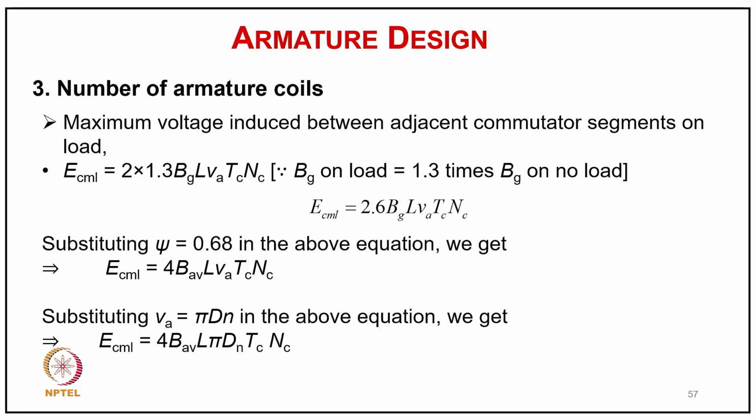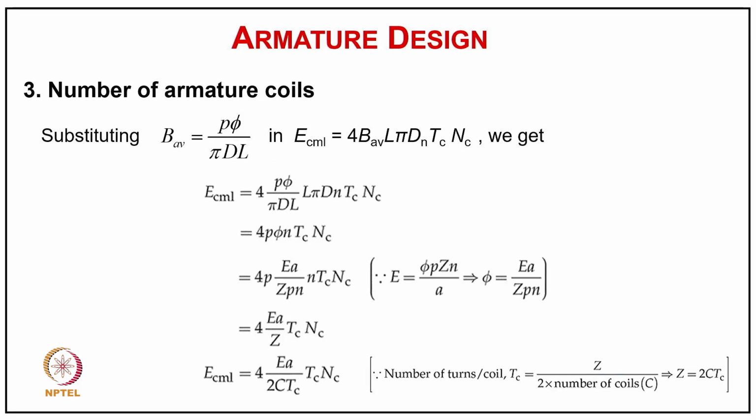Substituting psi equal to 0.68 in this equation, we get ECL equal to 4 B average L VA TC NC, and substituting VA equal to pi D N, it becomes ECL equal to 4 B average L pi D N TC NC. Substituting B average equal to P phi upon pi D L, ECL becomes 4 P phi upon pi D L into L pi D N TC NC.